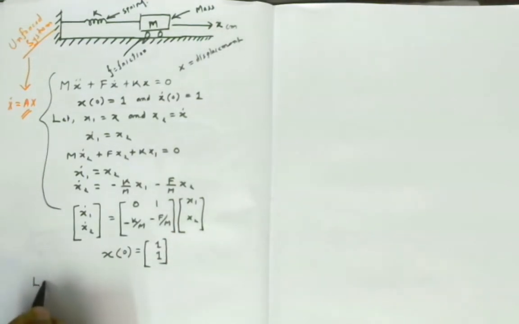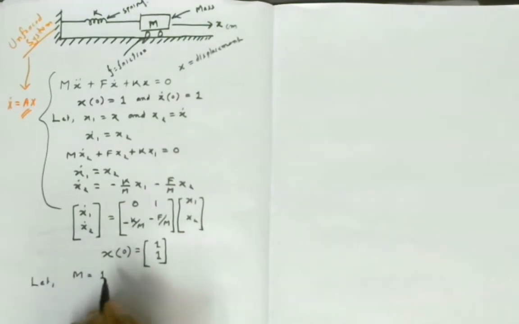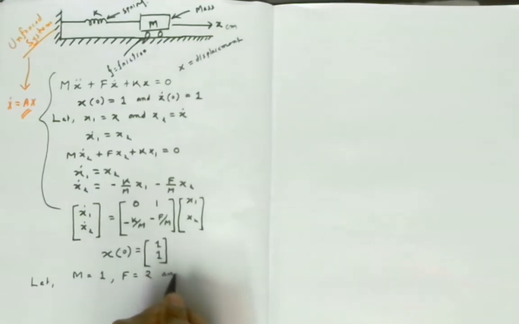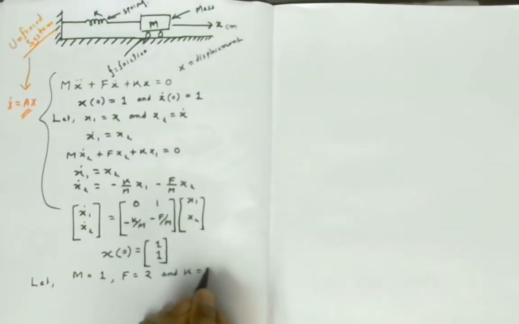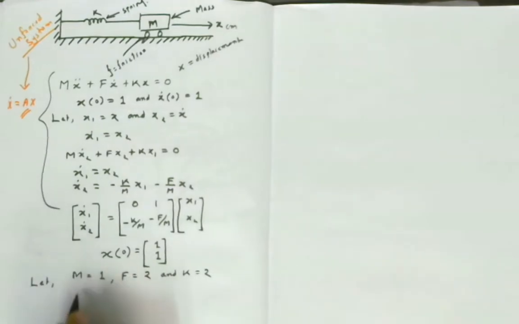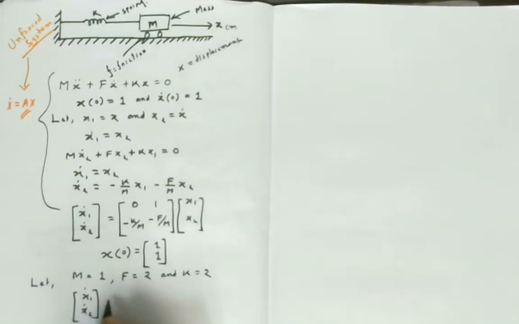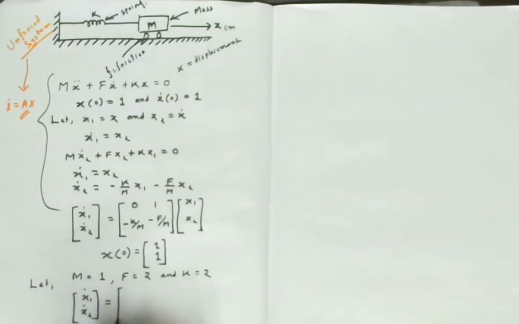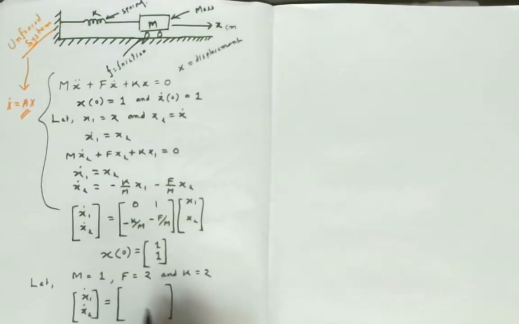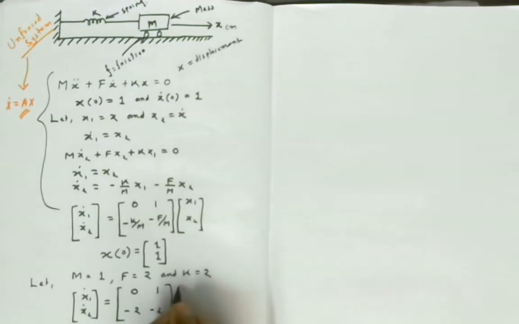Let the values be m equals 1, f equals 2, and k equals 2. That leads to the new state space equation: x1 dot, x2 dot equals the matrix [0 1; -2 -2] times [x1; x2].